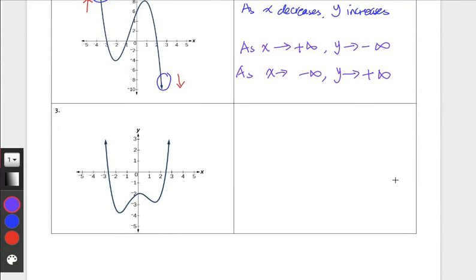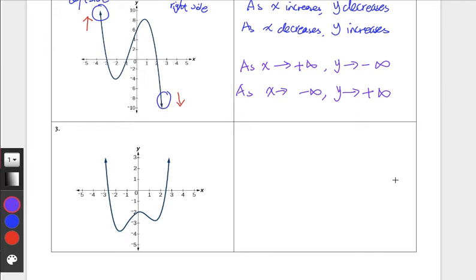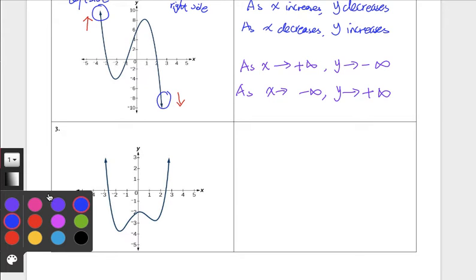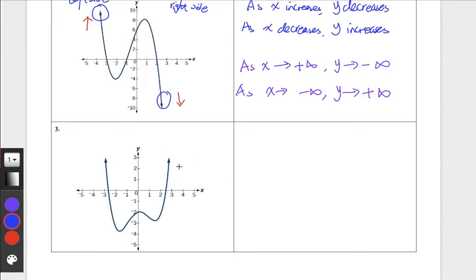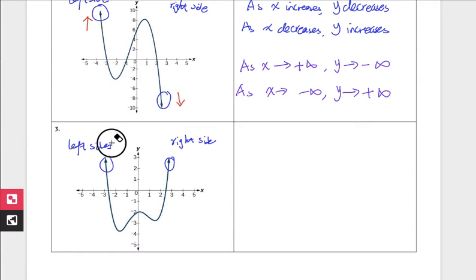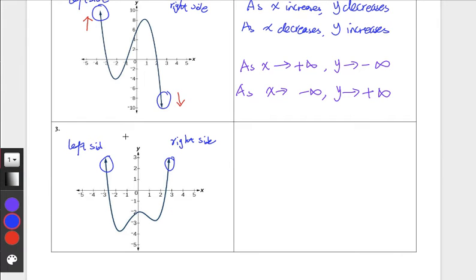Okay, for the last one, I'm going to use only symbols to describe this. I believe many of you probably have a very good sense of end behavior by now. Again, we focus on the right side and the left side, and see how y changes based on the different side. So again, I'm going to use only symbols here.